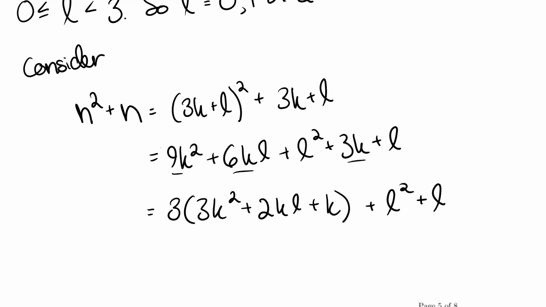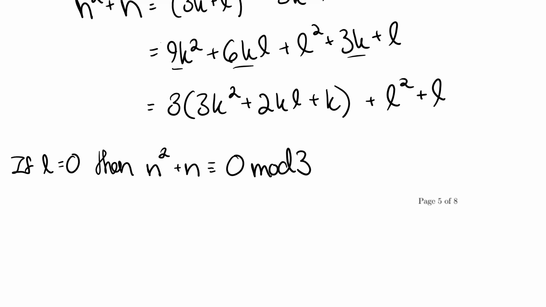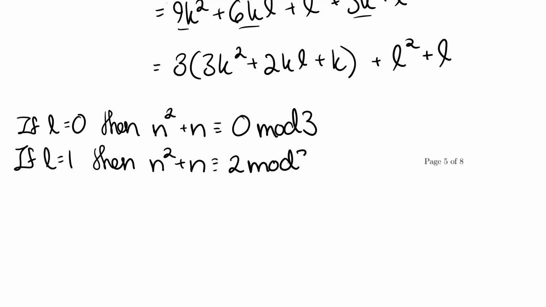Okay, all right, so let's run through our scenarios. So if L equals 0, then n squared plus n is equivalent to 0 mod 3, right? Because this part's 0 and that's 0. Okay. If L equals 1, then n squared plus n is equivalent to 2 mod 3. Okay, well that's okay. We're just trying to show it's not 1 mod 3.